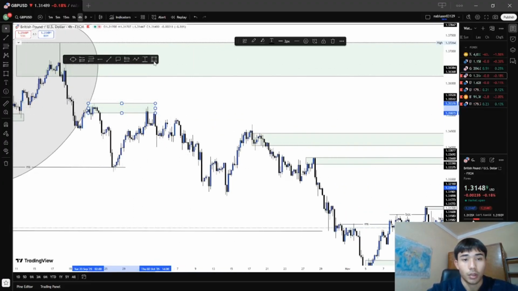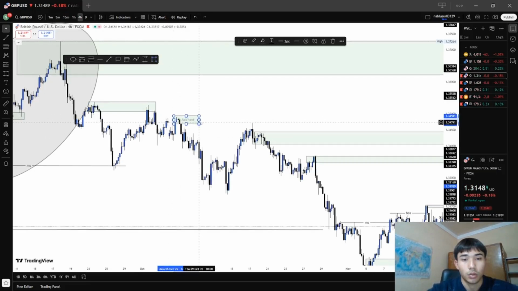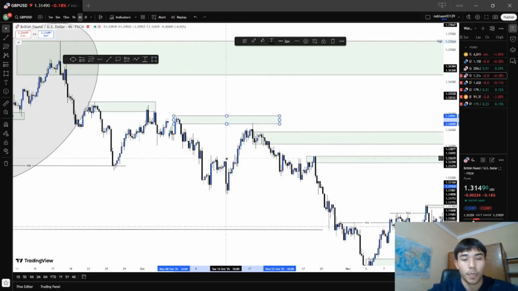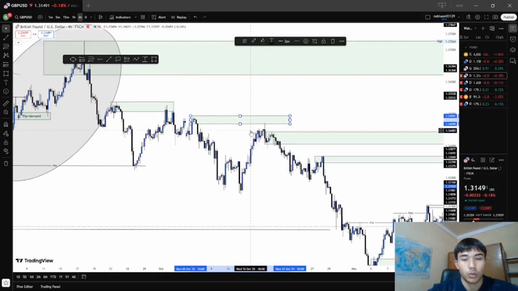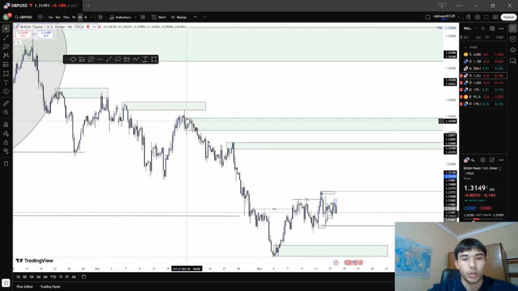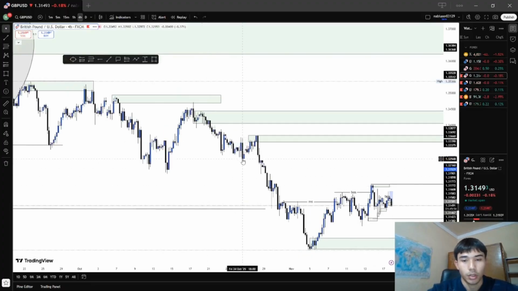And what do we have here? We mark out the last candlestick that led to this break of structure, and price went up and respected this level also. So it's mitigated, and we went right back down, straight.